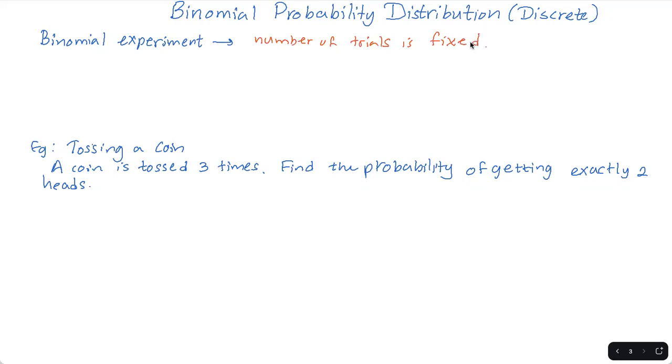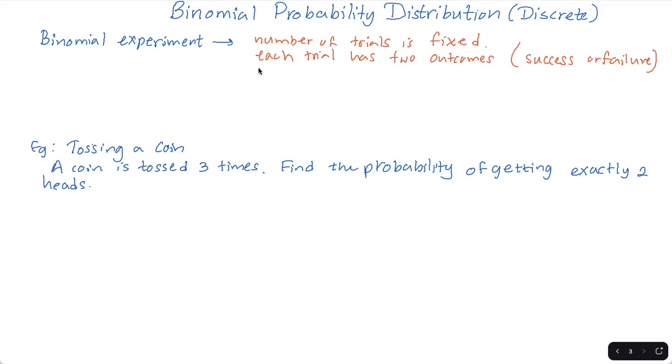And the second condition to be a binomial experiment is that each trial has two outcomes. So for example, it can be success or failure.